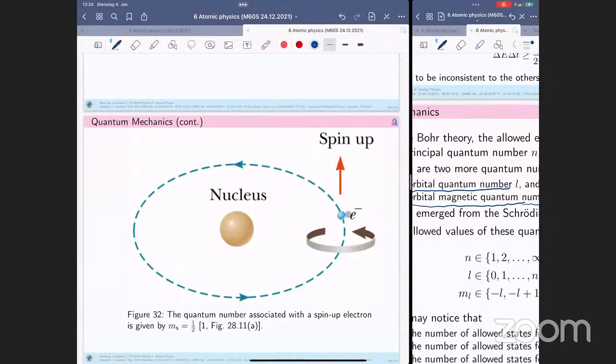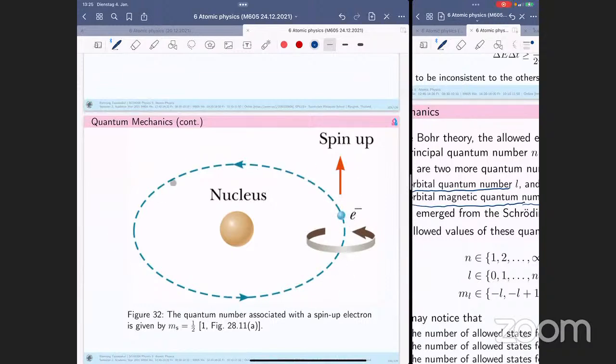We would realize that it seems like the electron rotates itself. It's like our Earth rotates on itself, right? That's why we have daytime and nighttime. But anyway, our Earth also moves around the sun, which is the center of the solar system.